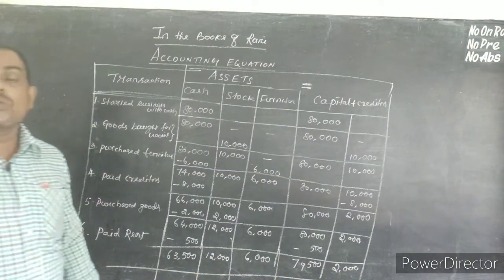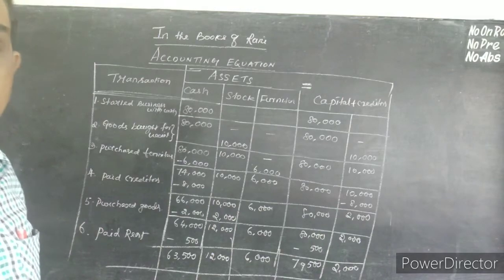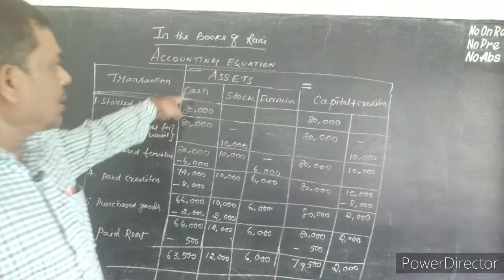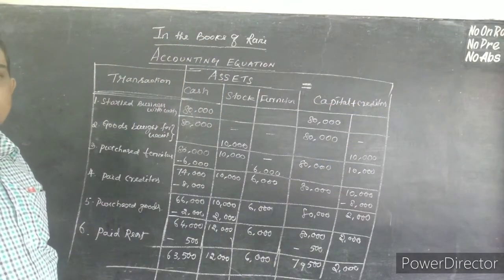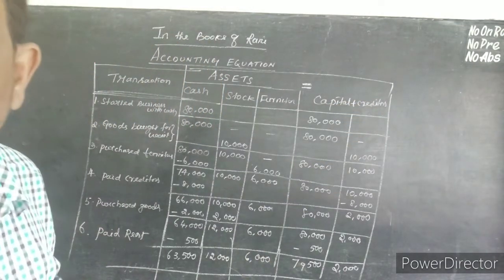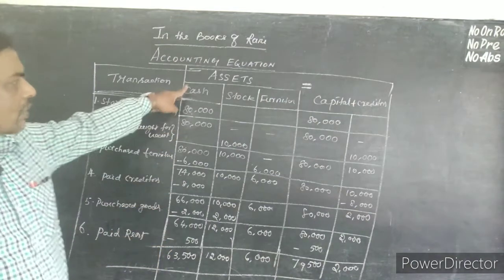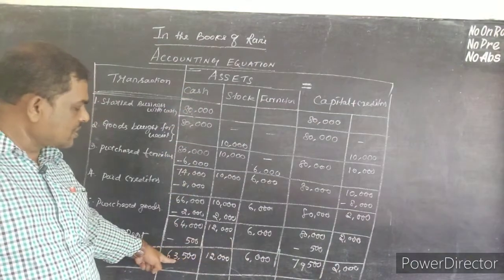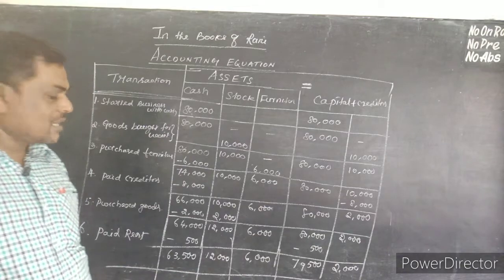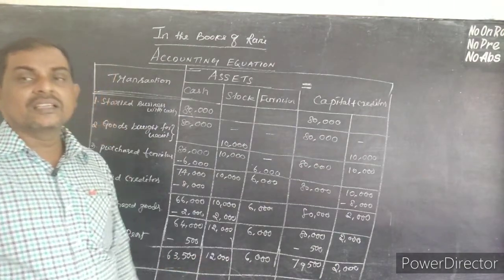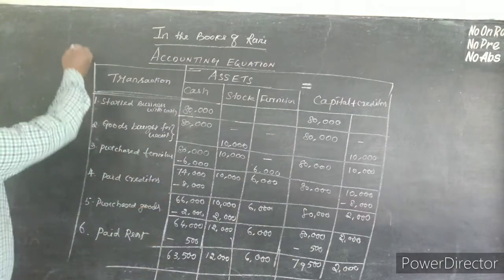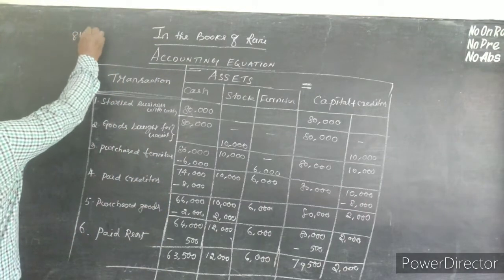So our rule is, please listen, assets is equal to capital plus liabilities. Now you add all the asset details. 63,500 plus 12,000 is 75,500. 75,500 plus 6,000 is 81,500. So on the asset side, 81,500.